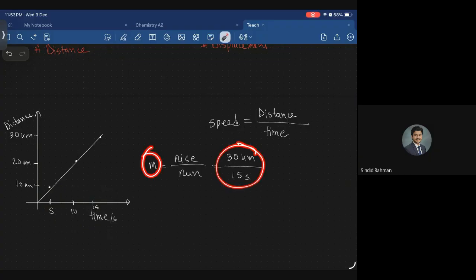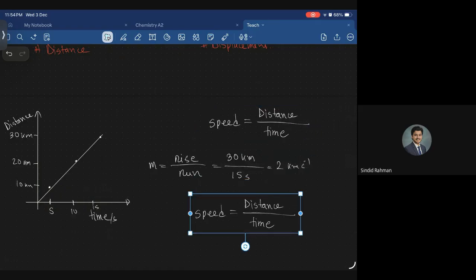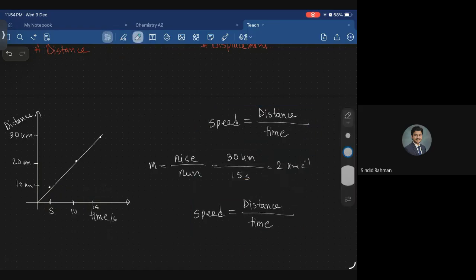Okay, did you get this? I have found the gradient, right? So what's my gradient? It is 2 kilometer per second, right? And isn't it the exact same thing? If I were to tell you to find the speed for me, you would use this distance over time formula, and you would put the distance I have traveled is 30, and the time I have traveled is 15, and this will also give me 2 kilometer per second, right?